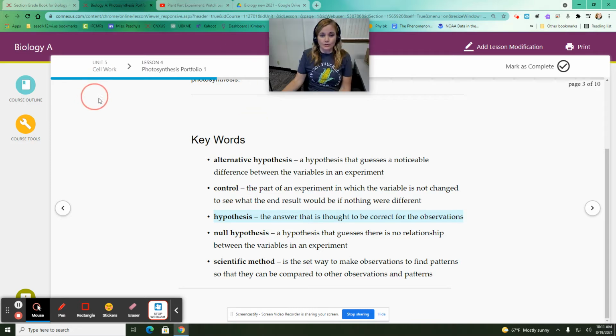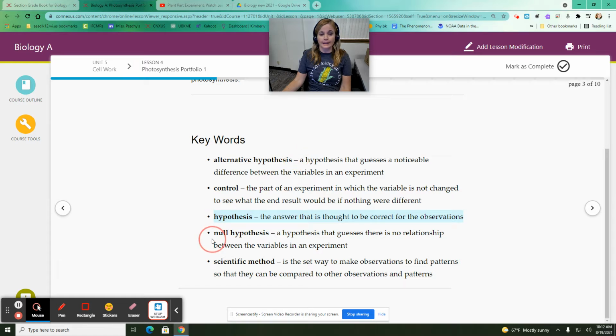As you go through your experiment, you might find that your hypothesis is incorrect. Maybe your data does not support your hypothesis. If you notice a difference between the hypothesis that you've made and what actually is happening, you can revise your hypothesis and come up with an alternative hypothesis.